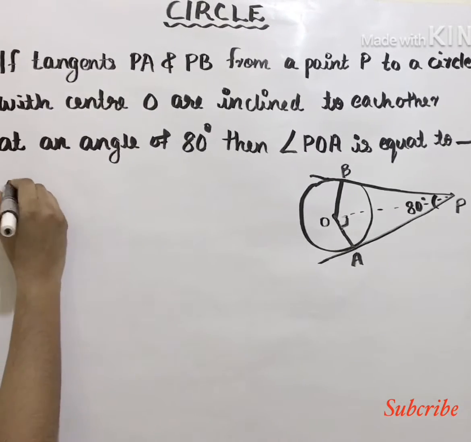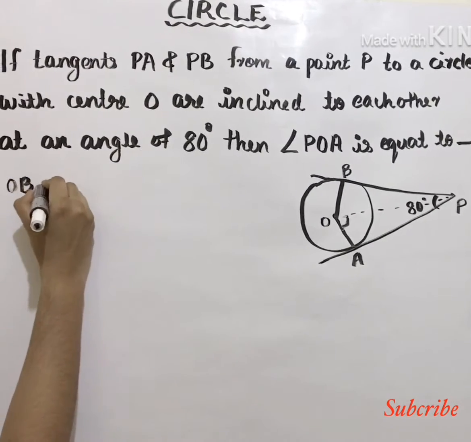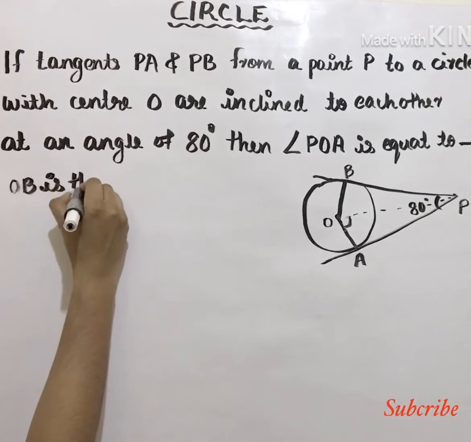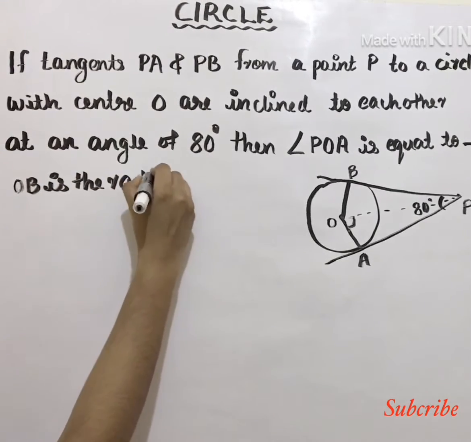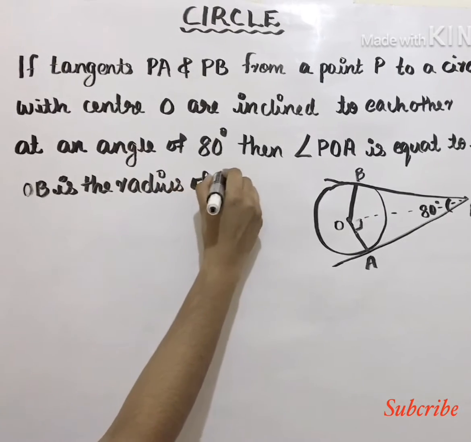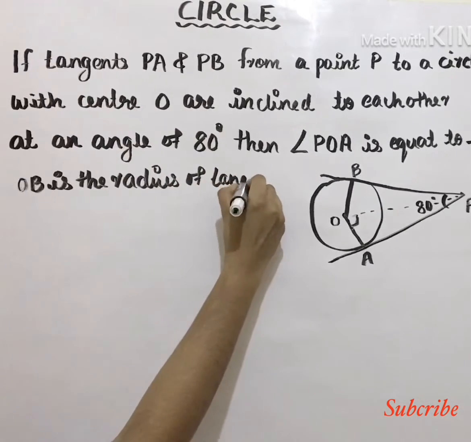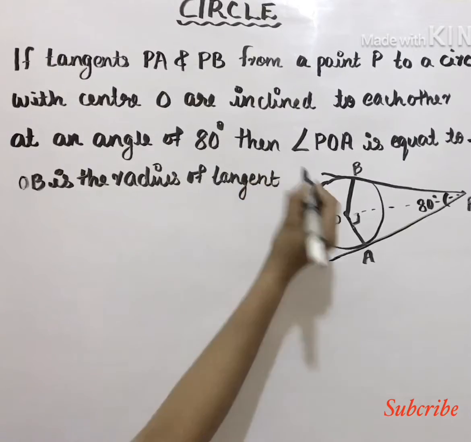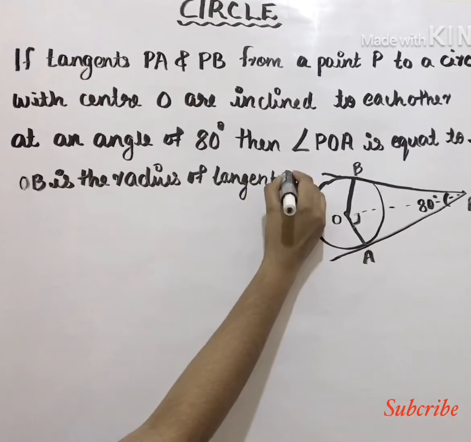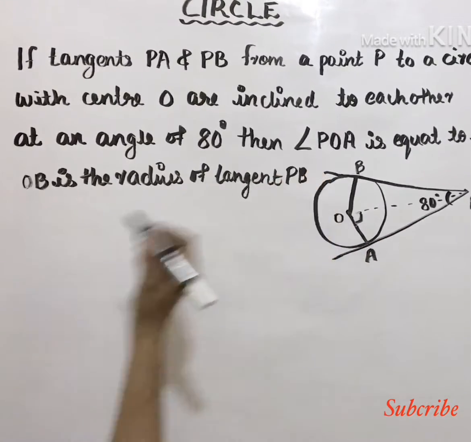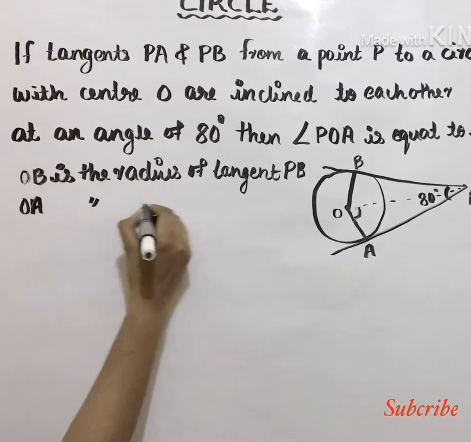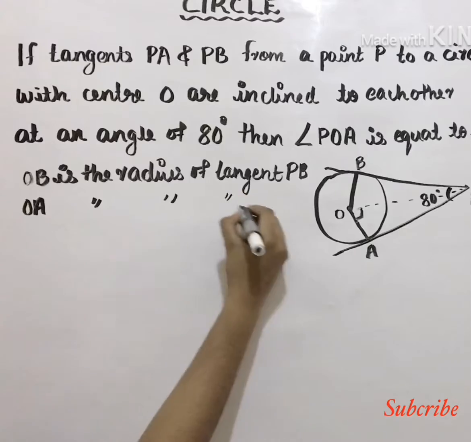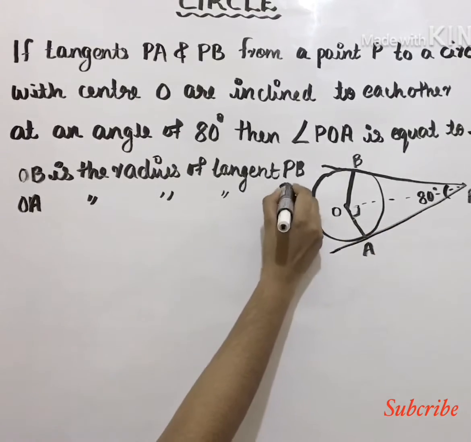OB is the radius to the tangent PB. Similarly, OA is the radius to the tangent PA.